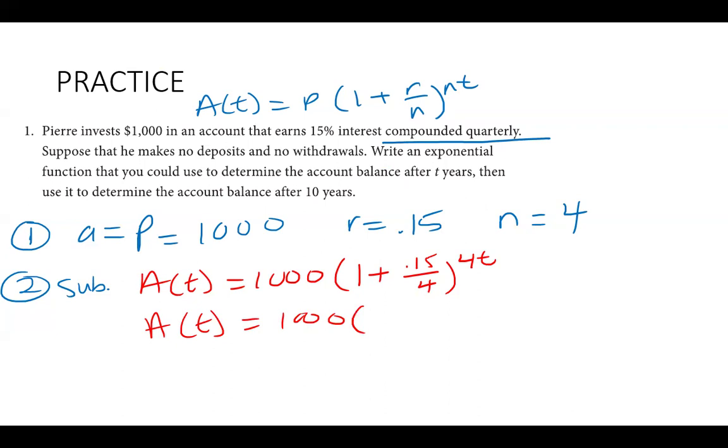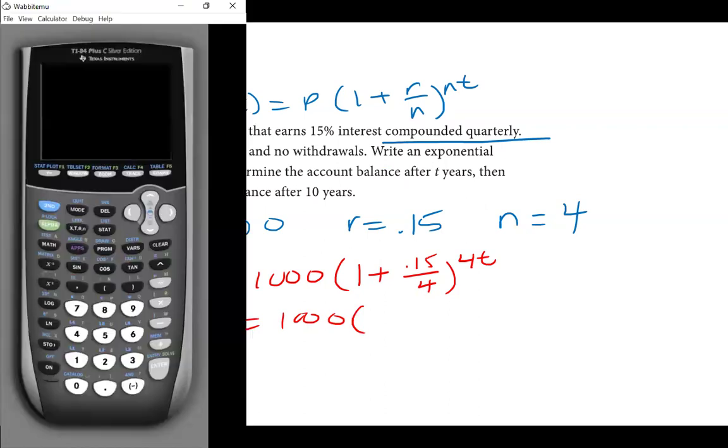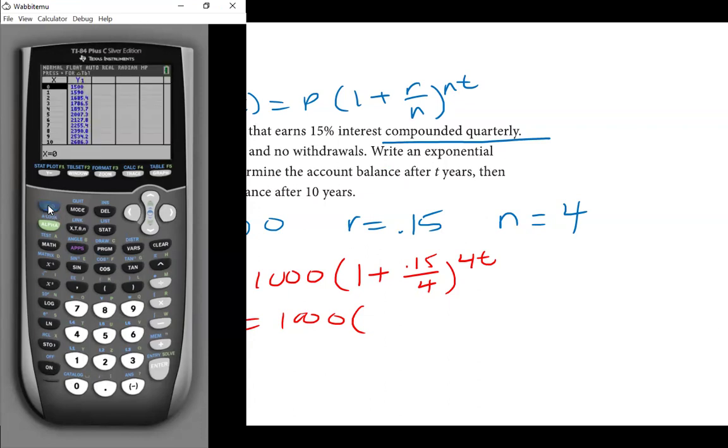So we have A of t equals 1,000, and we're going to type in, enter our handy dandy calculator. Here's old girl Sylvie. So we have 1 plus 0.15 divided by 4.